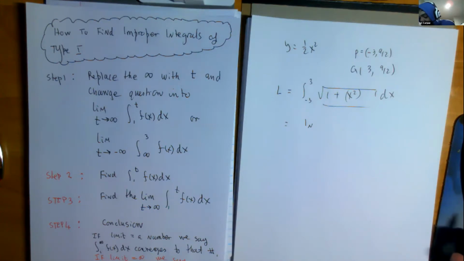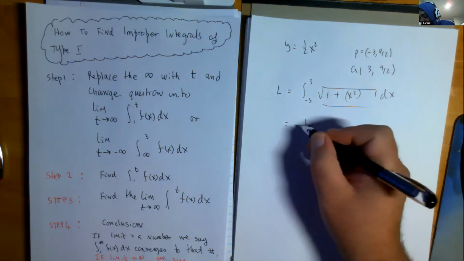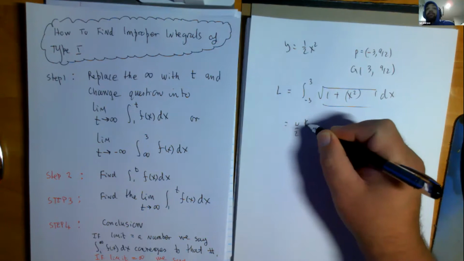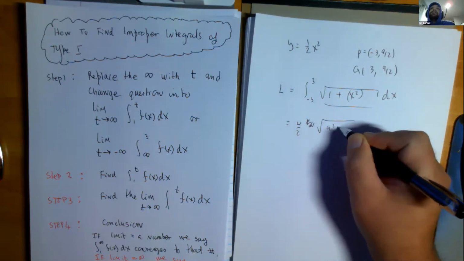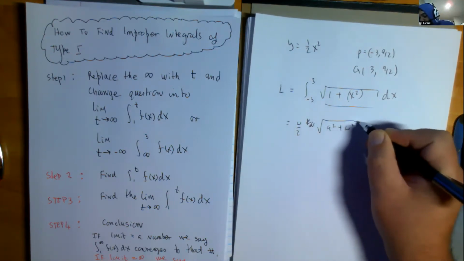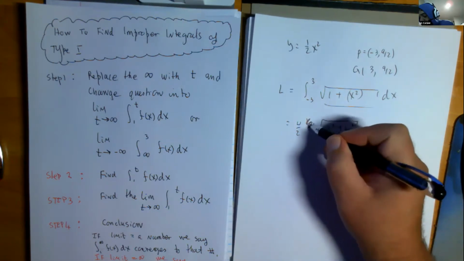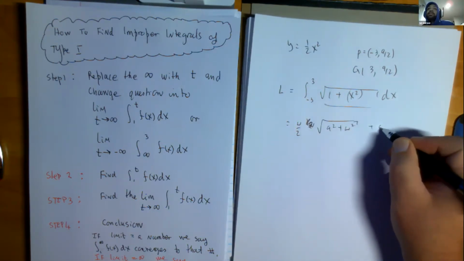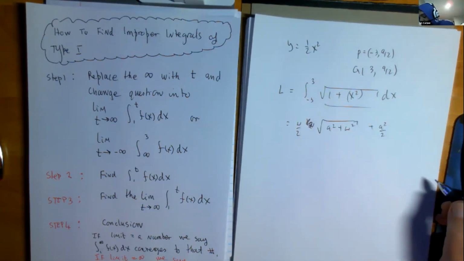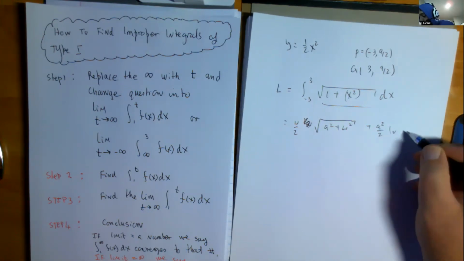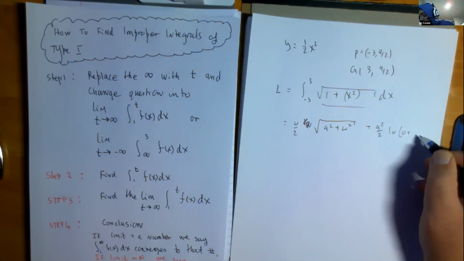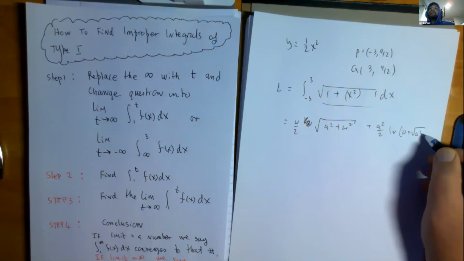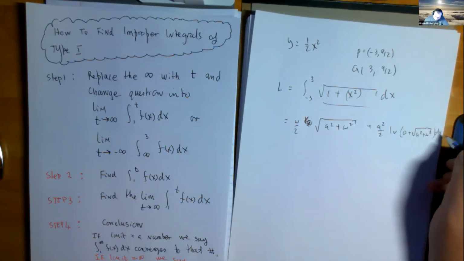So u over 2 times the square root of a squared plus u squared. Yep. And then plus a squared over 2 ln in parentheses u plus the square root of a squared plus u squared. Yep. Plus c. Yeah, plus c.